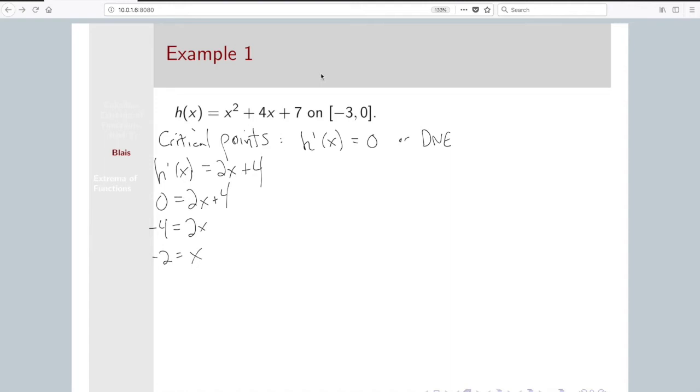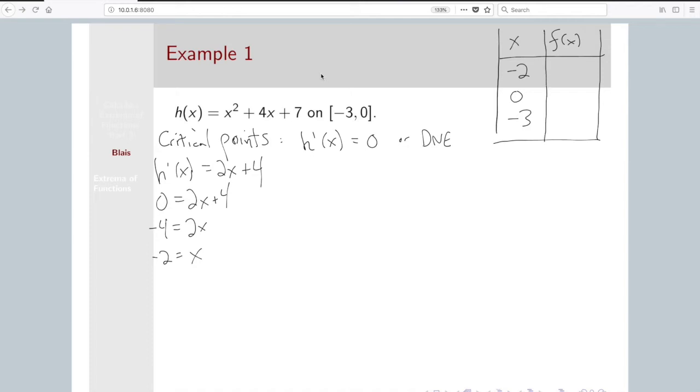So we make our list. We add minus 2 to the list, and that was the only critical point of f. So we need to check this minus 2, and then the endpoints, 0 and minus 3.